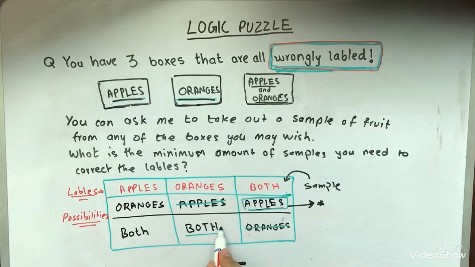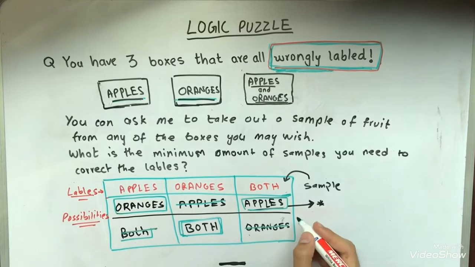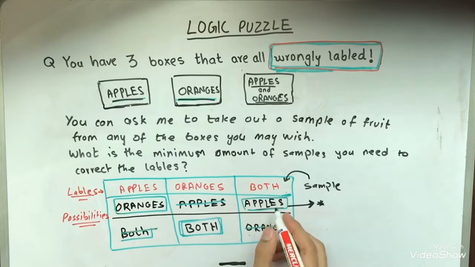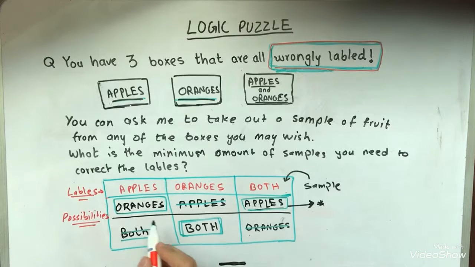It must mean that the box labeled oranges contains both fruits. And if this box contains apples and oranges, then the box labeled apples cannot contain both, so that possibility is cancelled out. So the box labeled apples must contain oranges. This is how, if apples come out of this box, you can figure out what's inside the other boxes.